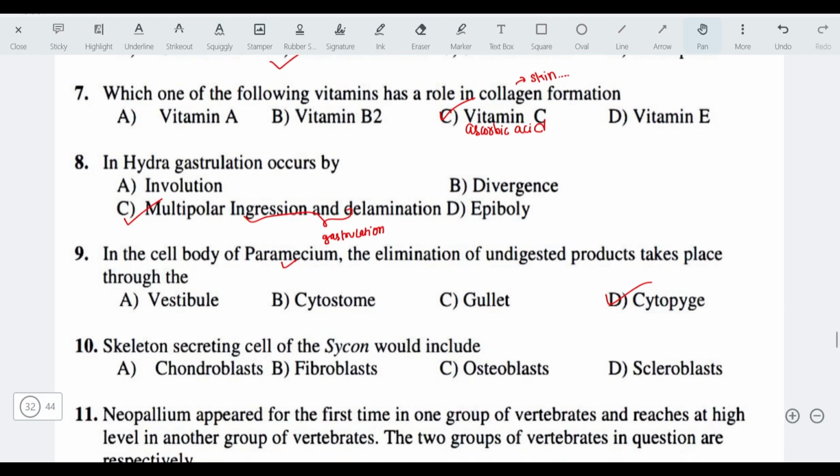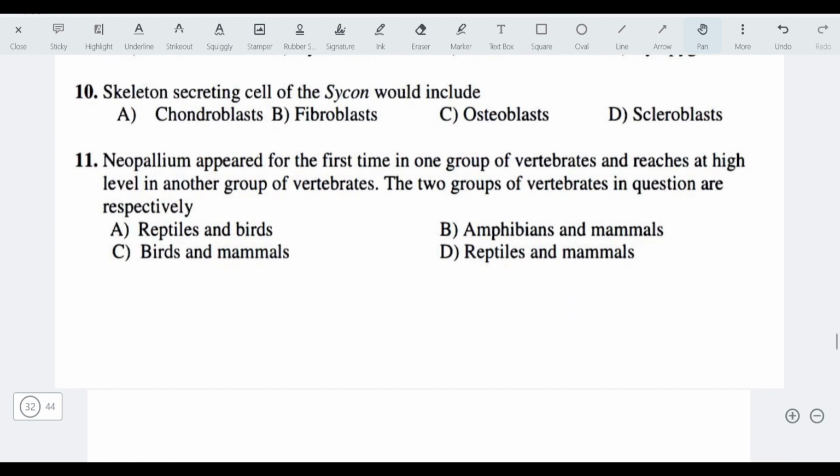Next question. Skeletal cells of sycon would include. The correct answer is scleroblast. They secrete skeletal elements like spicules. Okay, sycon is a sponge, right? Next question.